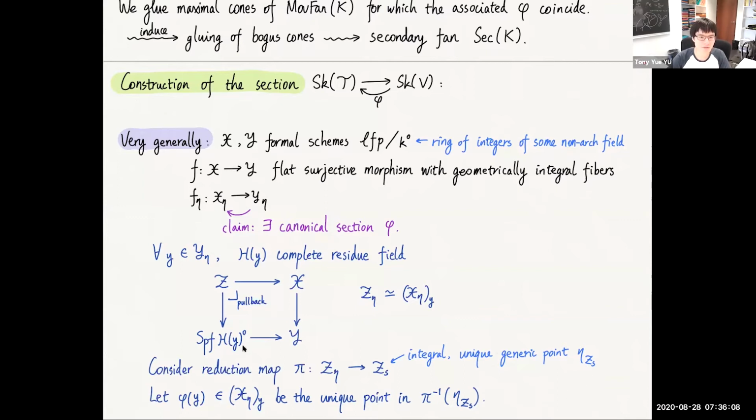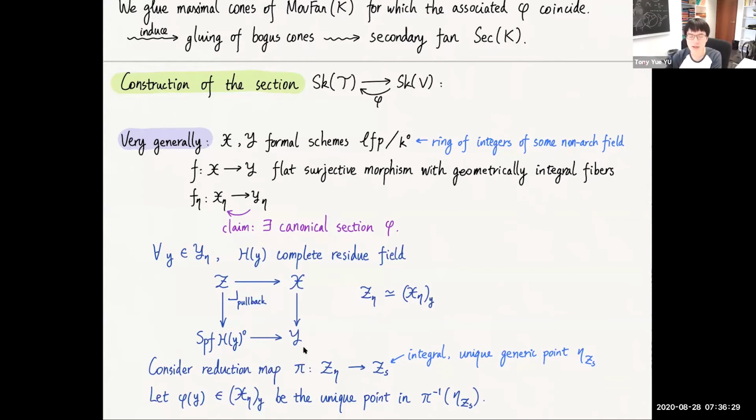And we define the value of the section on the point y to be this unique point. So it's a very general and abstract, maybe, construction of this canonical section.